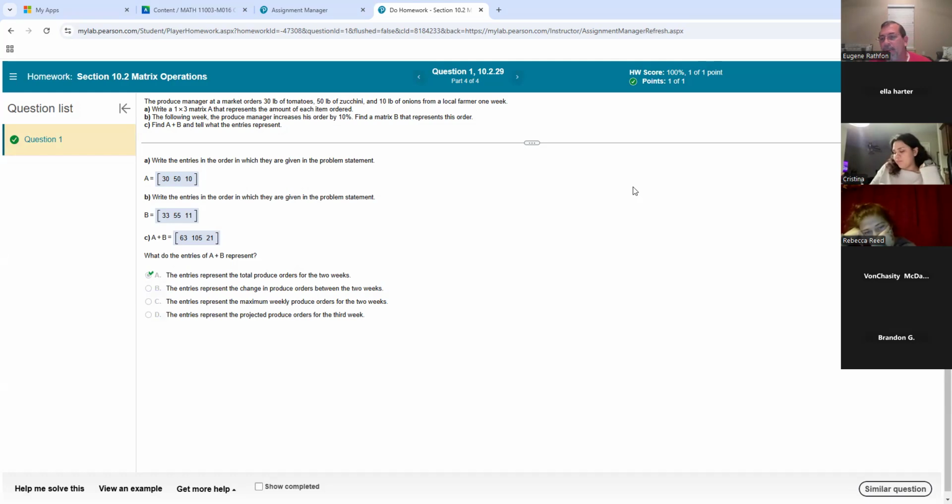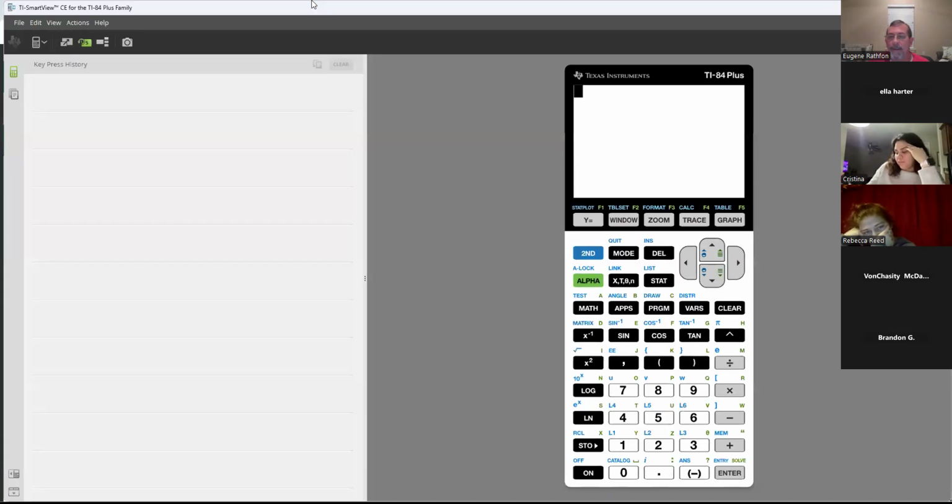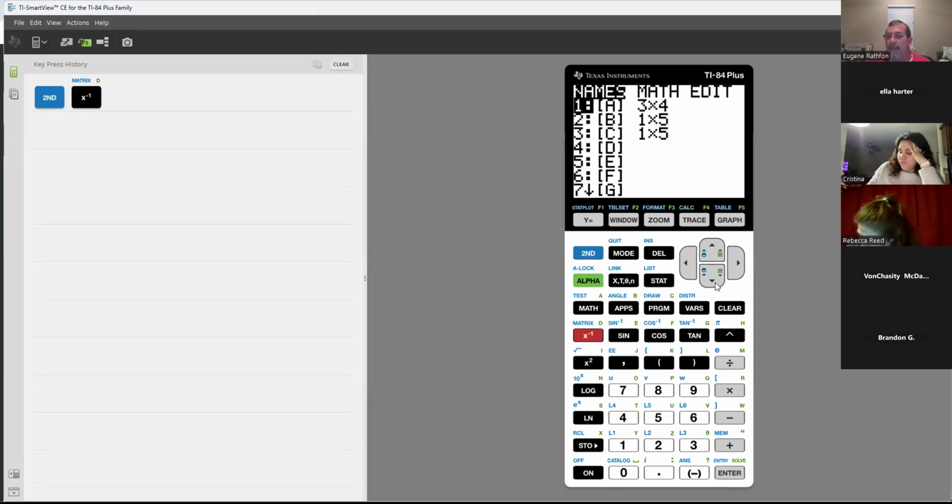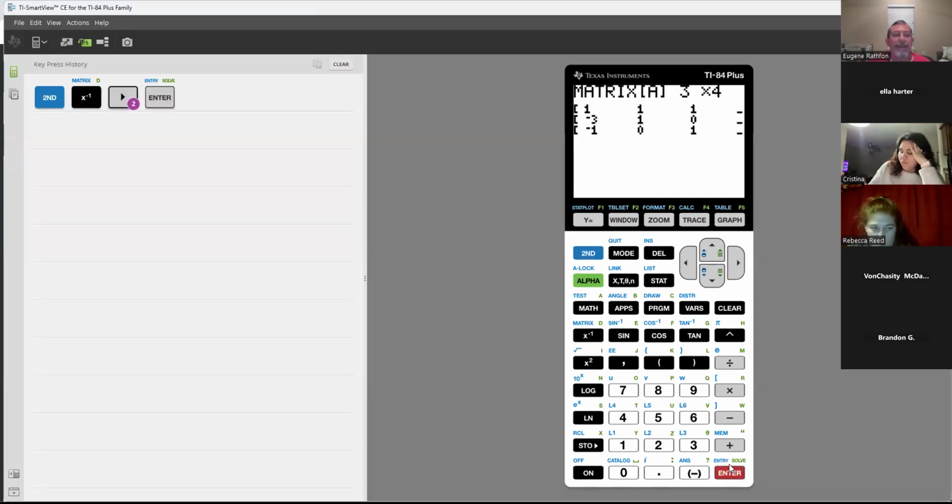All right, y'all, so let me show you real quick how to do this on a calculator if you like doing it with your matrices. First I want to go to second, x negative 1 to get my matrix. I'm going to go edit and hit enter. So remember, this was a 1 by 3 matrix.